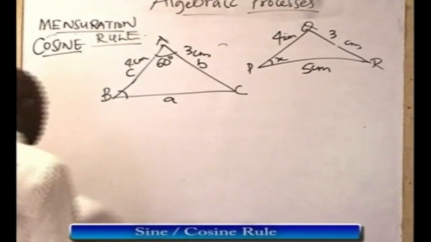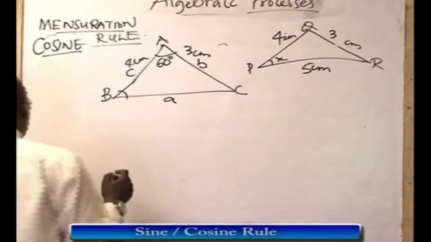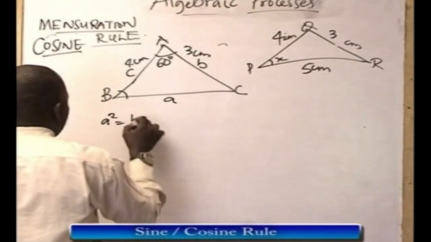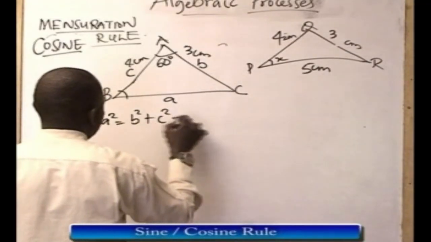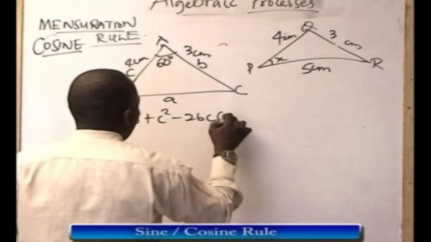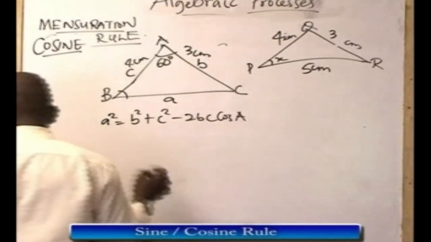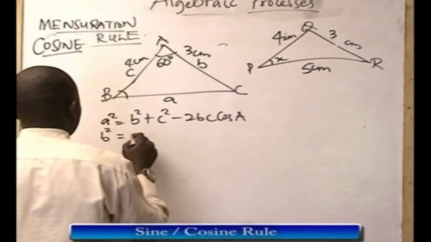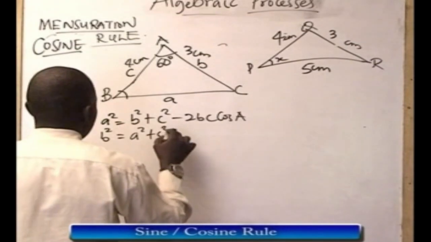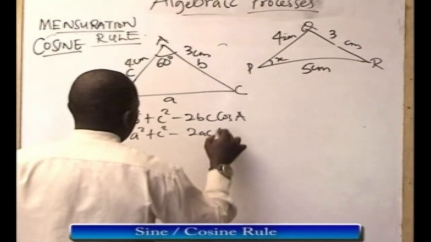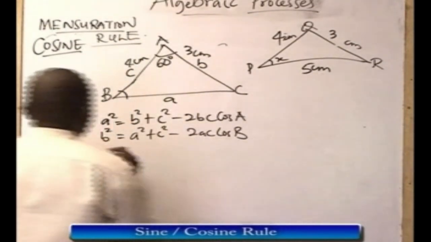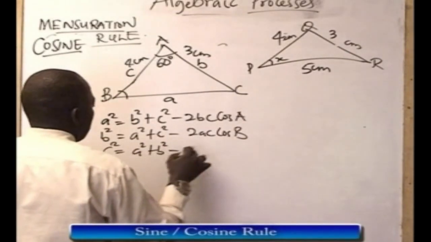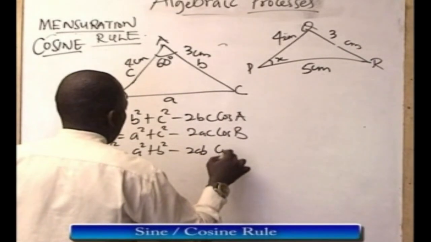This is the way it is: a squared equals b squared plus c squared minus 2bc cos A. Then b squared equals a squared plus c squared minus 2ac cos B. And c squared equals a squared plus b squared minus 2ab cos C.